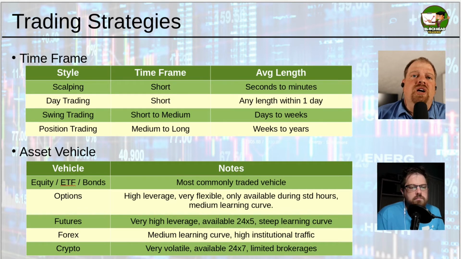The first one I'm going to bring up is options. Options are one of the things you're going to see in my primary strategy. They are highly leveraged devices, which basically means a dollar in the options world can control multiple dollars in underlying notional value.